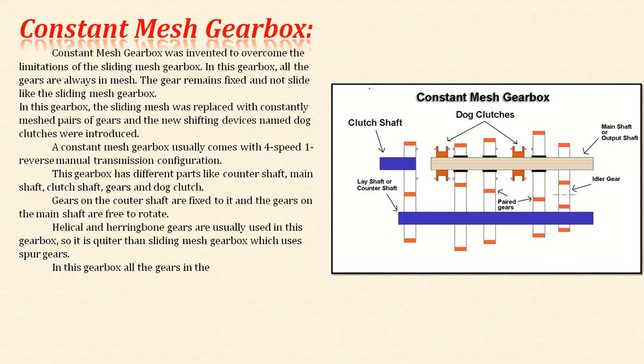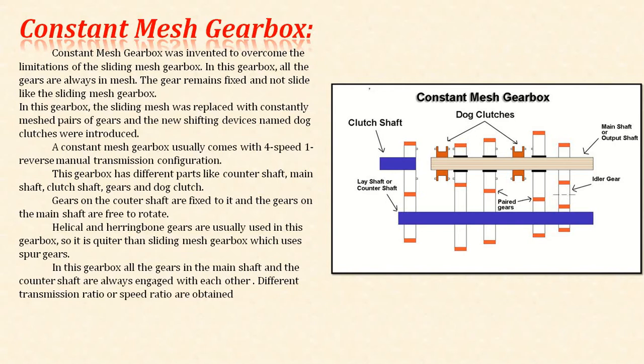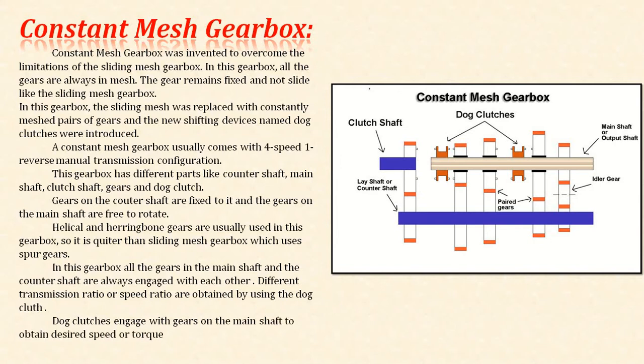Dog clutches were introduced, and a constant mesh gearbox usually comes with a 4-speed and 1 reverse manual transmission configuration. This gearbox has different parts like the counter shaft, main shaft. You can see the counter shaft, main shaft, clutch shaft, gears, and dog clutch.